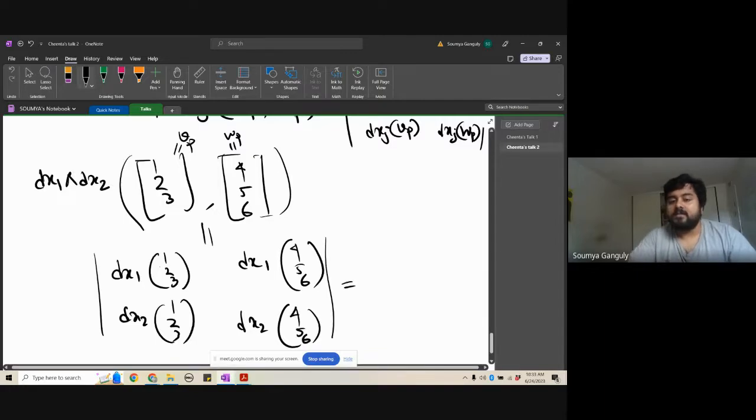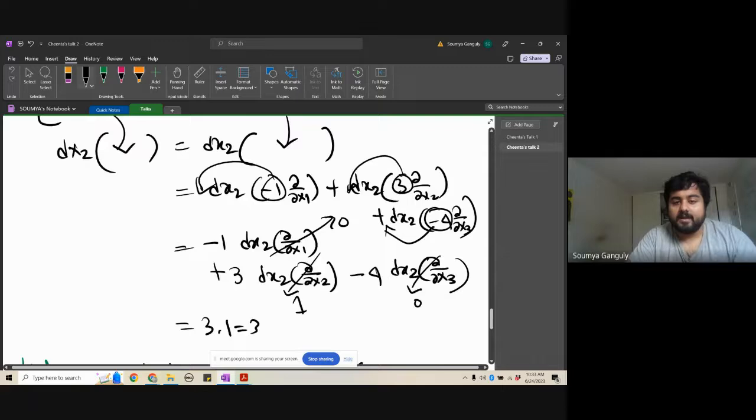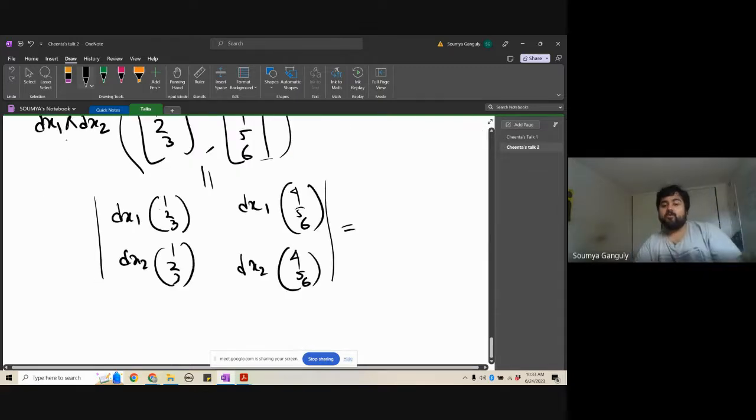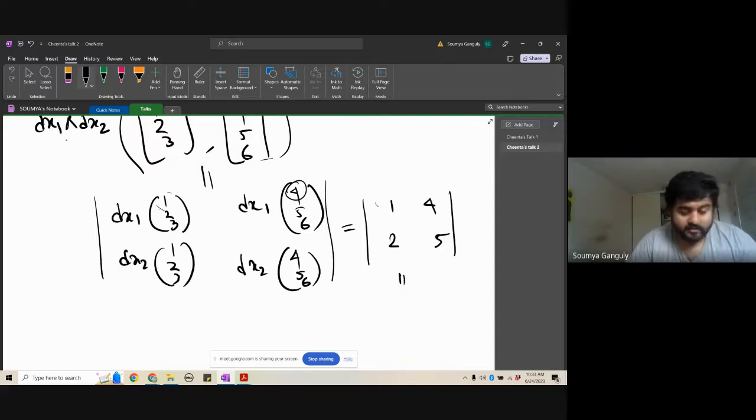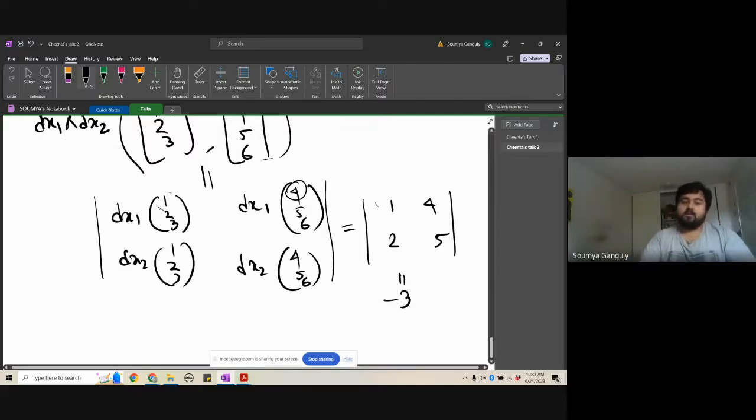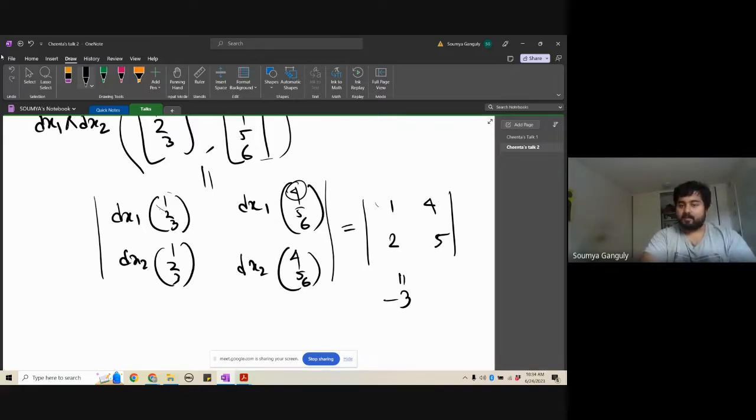If you do the exercise that we did here, dx1 will only interact with the first coordinate, which is 1, and give you something non-zero. It will be 1. dx1 will only interact with the first coordinate 4. dx2 will interact with the second one, 2. dx2 will interact with the second one, 5. So 1, 2, 4, 5, and the determinant will be -3. So it takes two vectors and gives you a number.